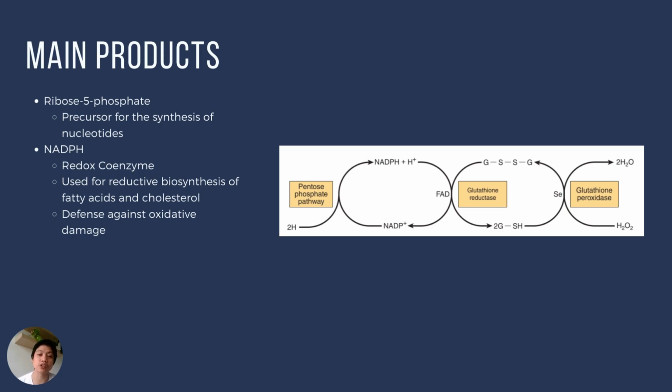Furthermore, hydrogen peroxide is converted to water, while reduced glutathione is oxidized into oxidized glutathione. To sum it all up, the NADPH from the pentose phosphate pathway is needed by the cell to reform reduced glutathione so that we have enough reduced glutathione to scavenge oxygen free radicals.